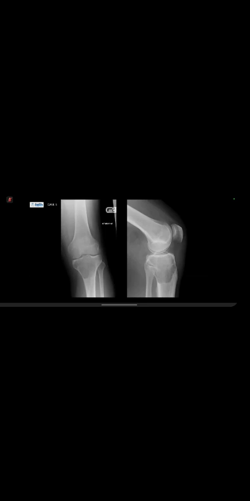Candidate 1. Okay. This is an AP and lateral radiograph of the left knee. There is a lytic lesion in the proximal metaphysis extending to the epiphysis of the tibia. The lesion shows, partially in the lower part, a narrow zone of transition.